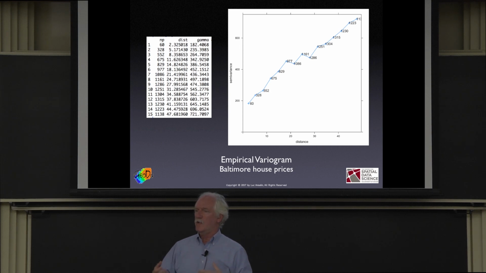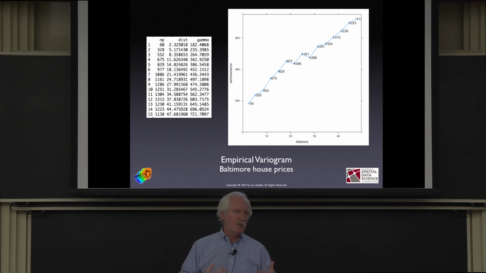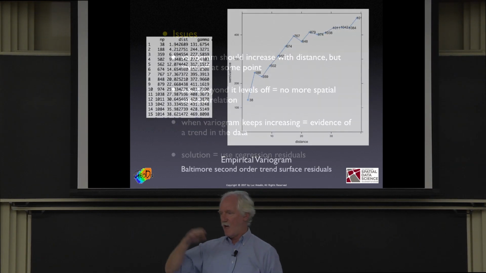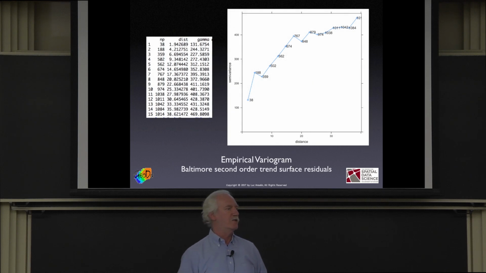So to get out the trend, you basically use a regression and then do the analysis again on the residuals of the regression. That's a little too technical, but you see it gets flatter and flatter as we take residuals of a model, in this case a trend surface model.